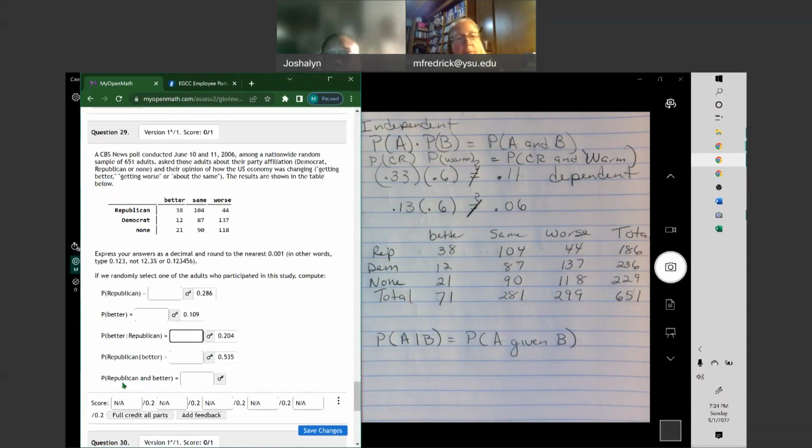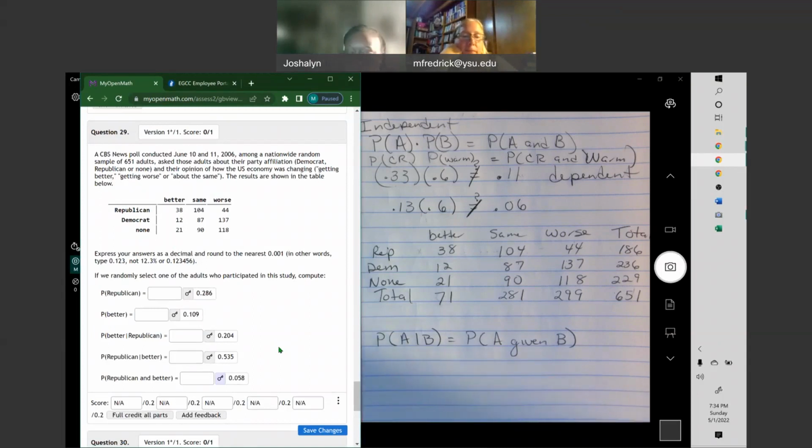So however many Republican and better there are divided by your total. So 38 over the 651? There you go. Yep.